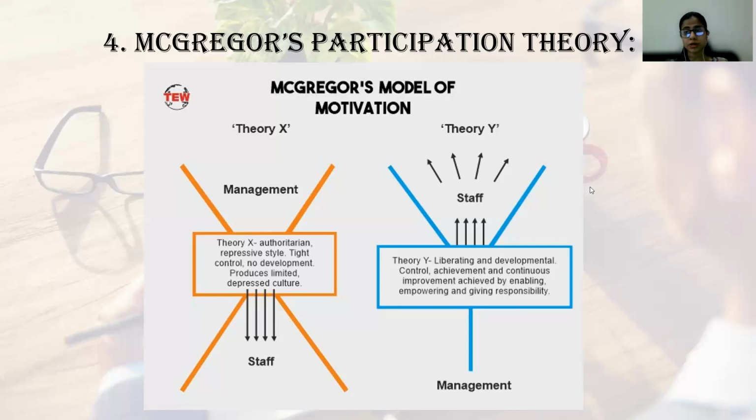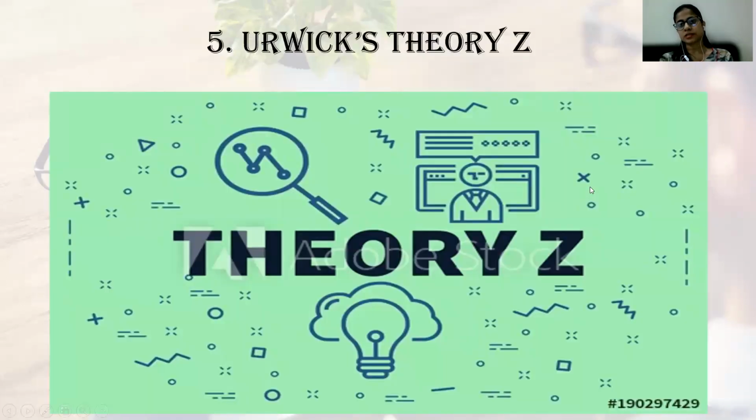And the last theory of motivation is Ouchi's Theory Z. Now, Ouchi's Theory Z says that each and every person in the organization should be aware of the goals of the organization. Why?